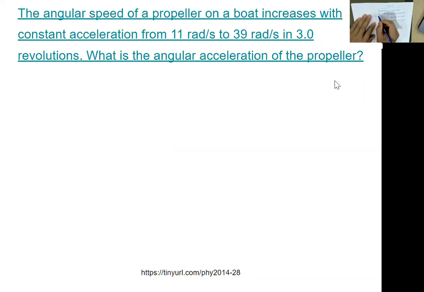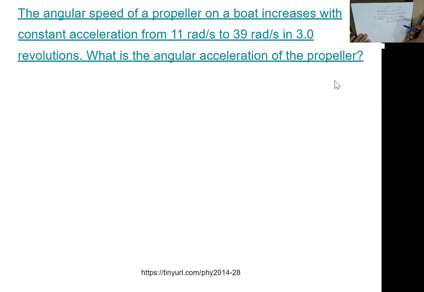That's the unit for angular position. This is in revolutions, so that means you want to convert into radians. So multiply by 2 pi because one revolution is 2 pi radians. Okay, so then 6 pi in radians. All right. So we are given those 3 quantities, and then we have the equations of motion.